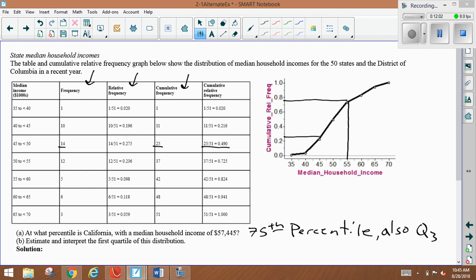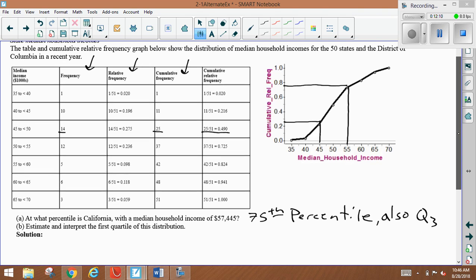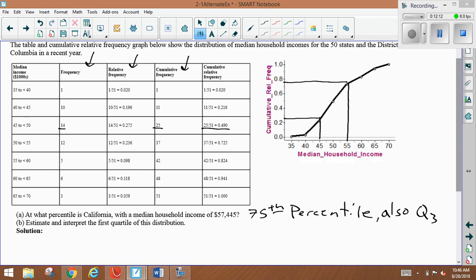And then I guess we'll drop down. We can estimate that we're going to say quartile 1 is approximately 45,000.